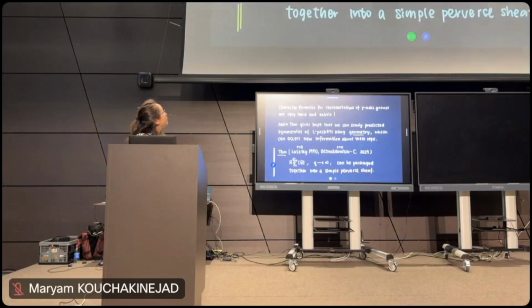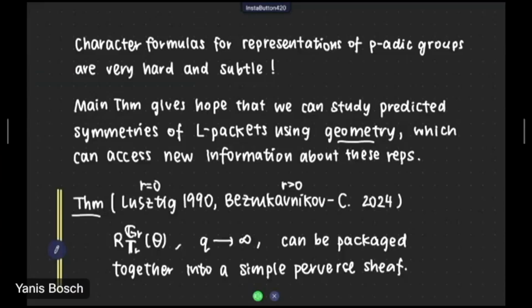And so I'd like to present one more theorem. This theorem is due to, well, in the r = 0 case, Lusztig, and in the positive case, this is recent work by myself and Roman Bezrukavnikov.